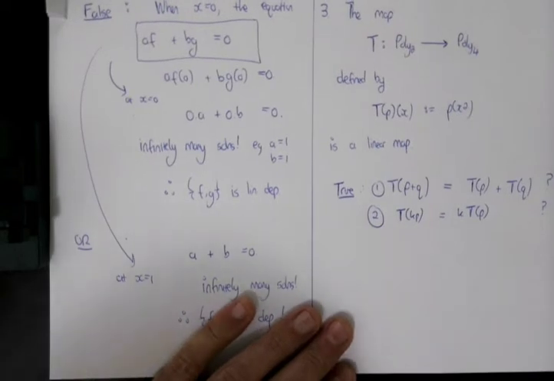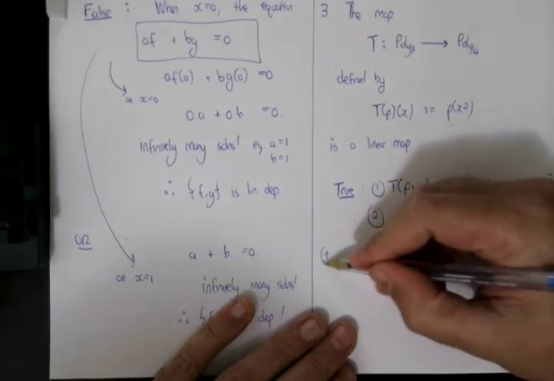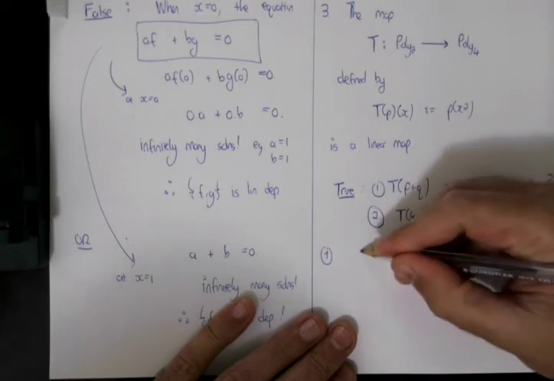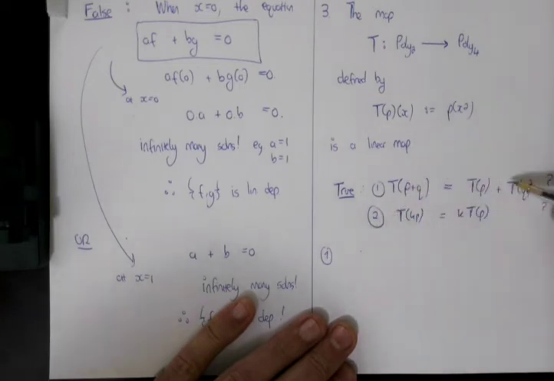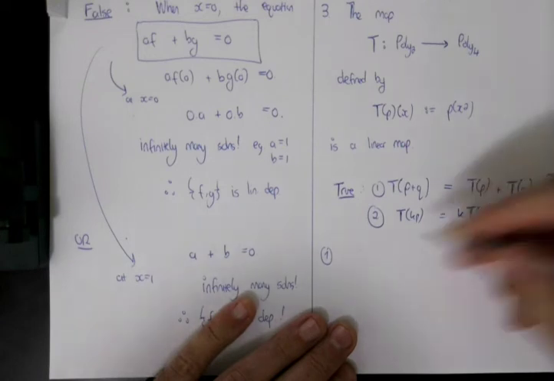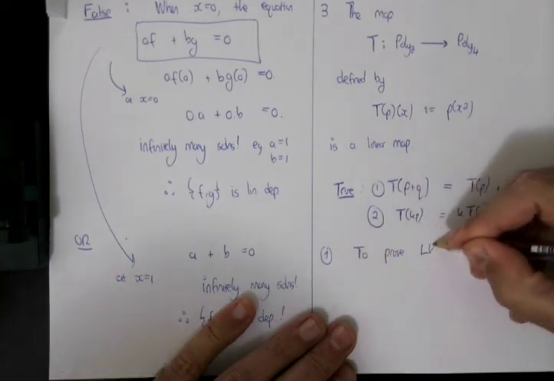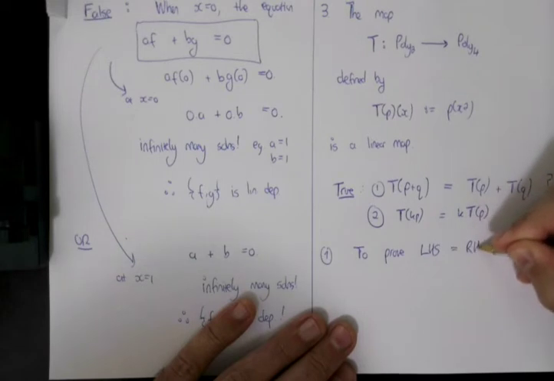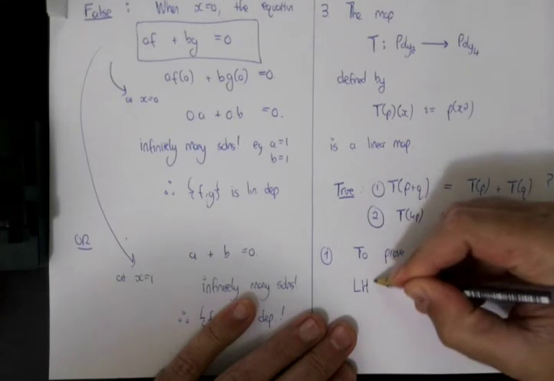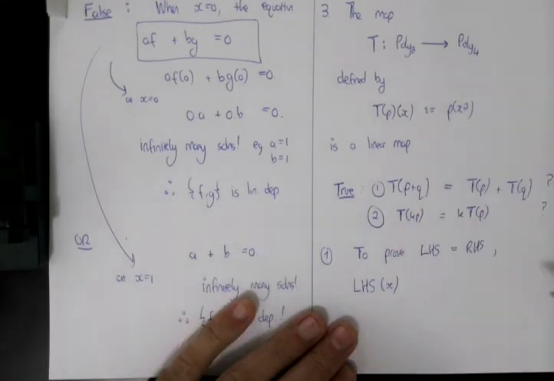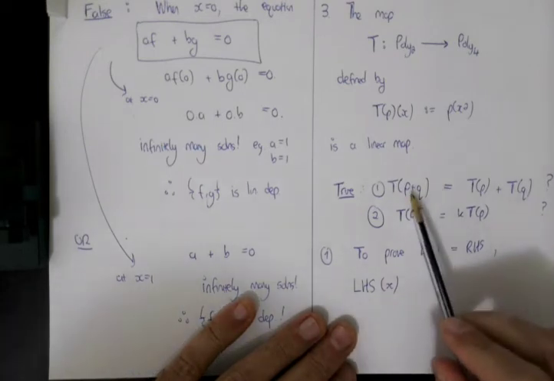Right? So let's take a look at one. I need to prove that the left-hand side equals the right-hand side. To prove that, I just need to evaluate the left-hand side at x and show that that's the same as the right-hand side evaluated at x. Right? Because the left-hand side here is a function.